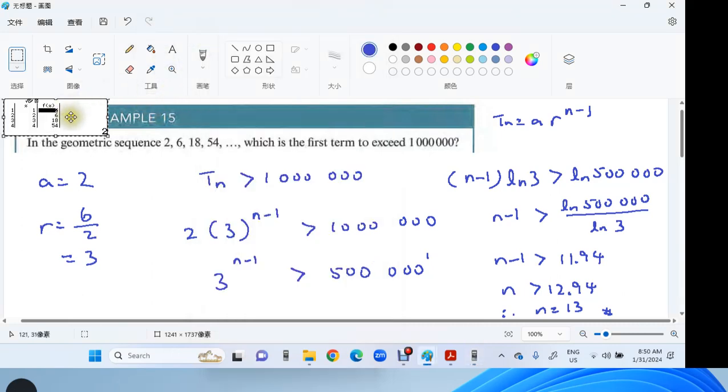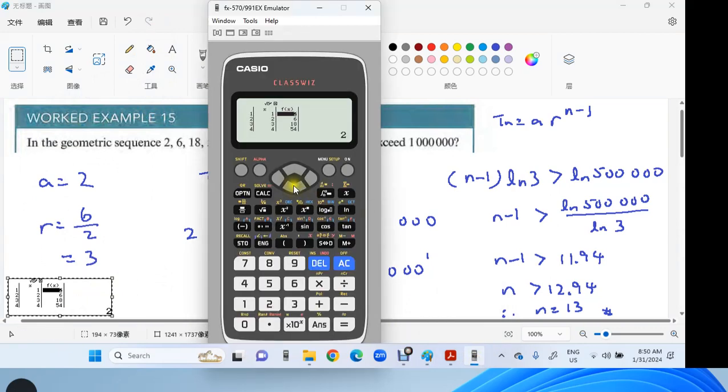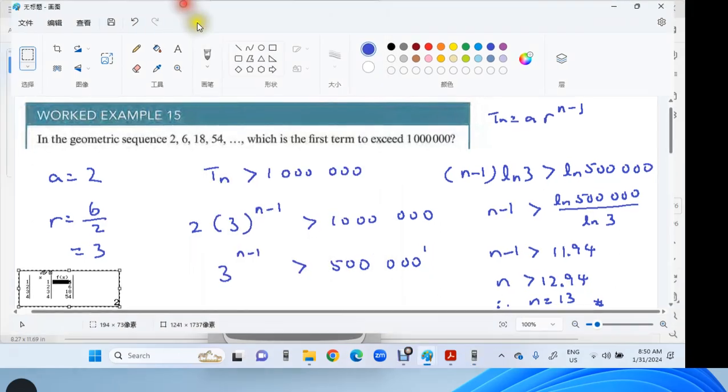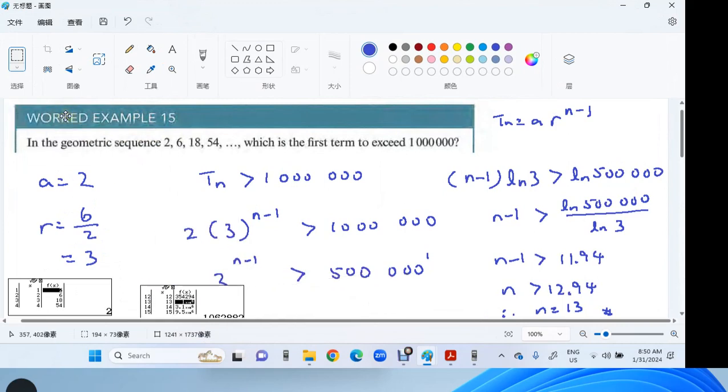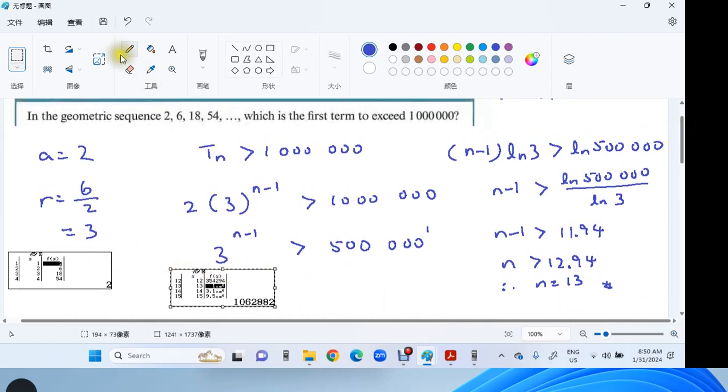So we have the 2, 6, 18, 54, and so on. And we can go down until the number that is greater than 1 million. So this is the third term that is greater than 1 million. Okay, so we can easily check the answer using the calculator.